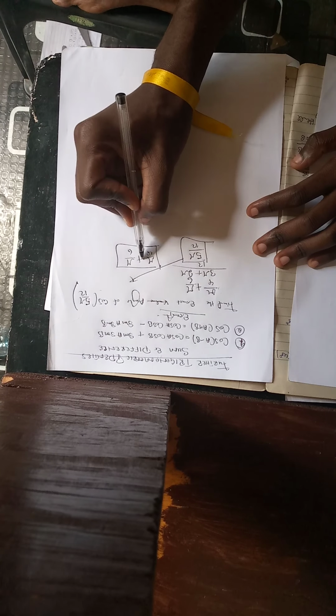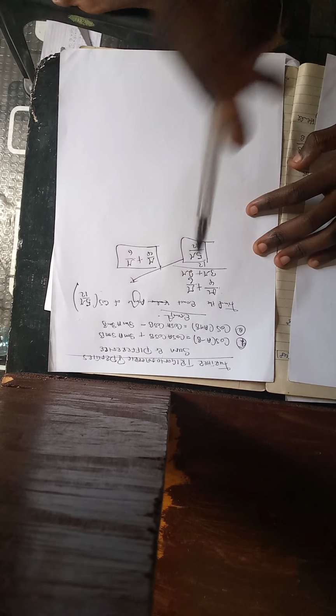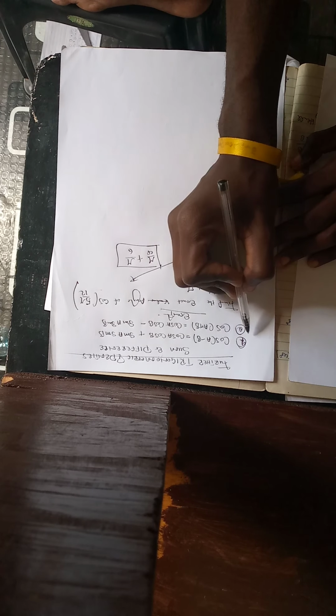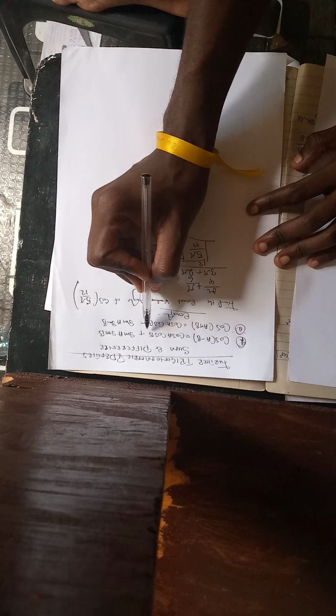Since here there is a positive, we need to get an identity that has got a positive sign. Which of the identities here has got a positive sign?